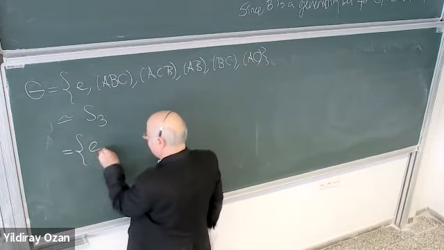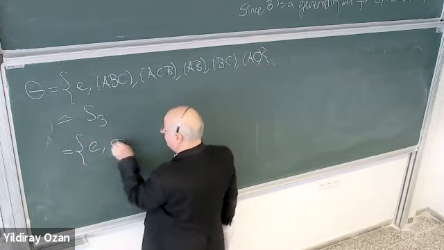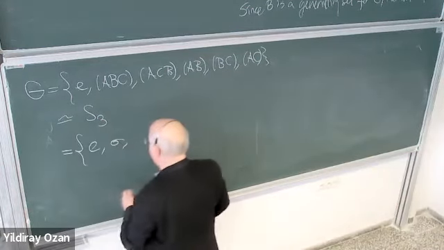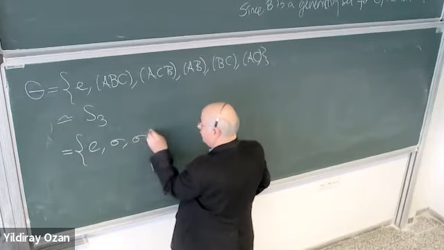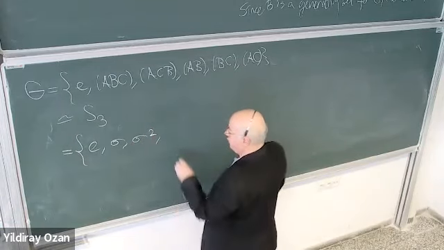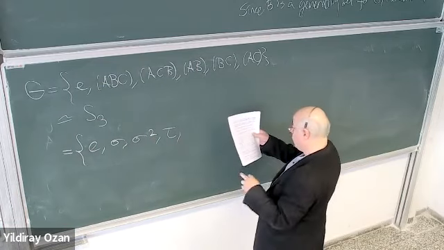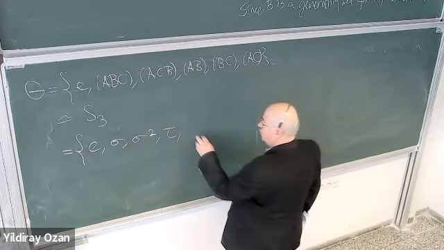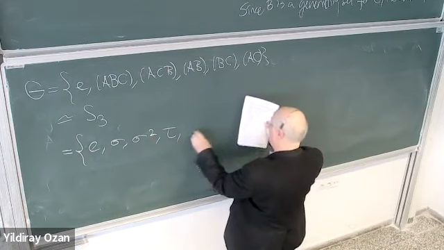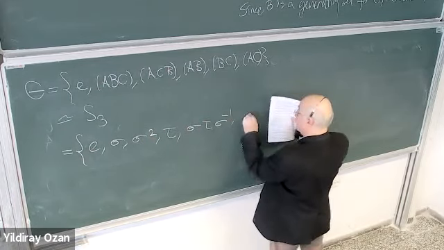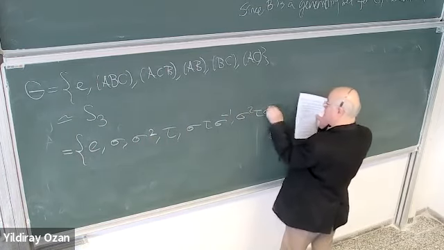So I have the identity permutation. I have sigma, which is just ABC. I have sigma squared, and then I have tau, and then I have conjugates of tau. For example, sigma tau sigma inverse, and sigma squared tau.